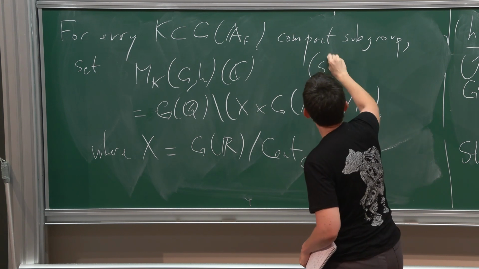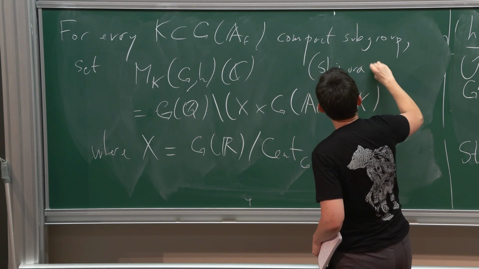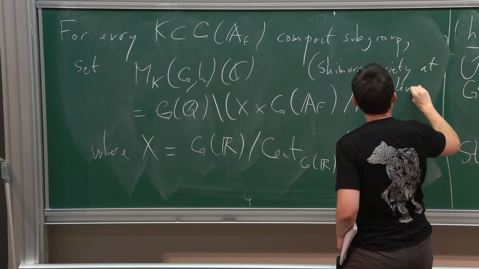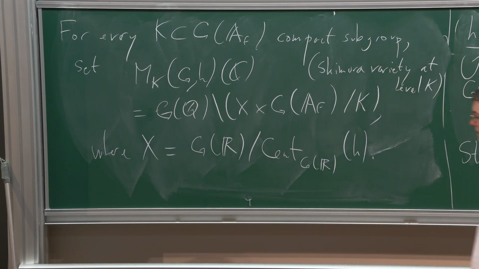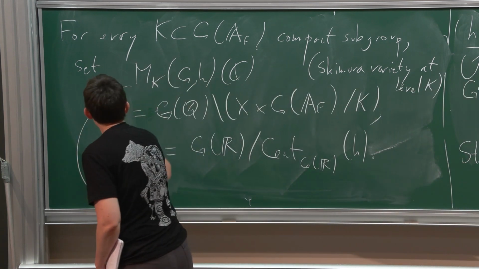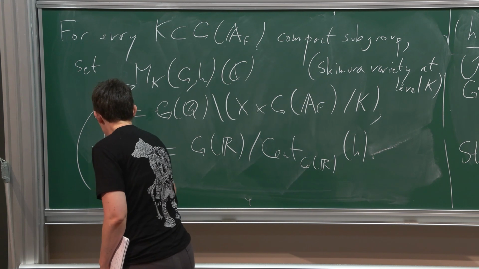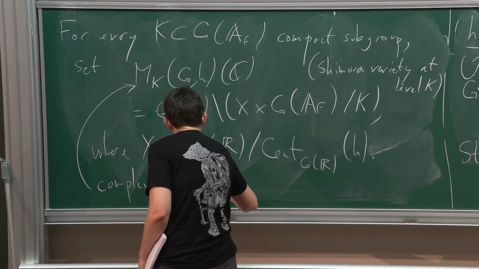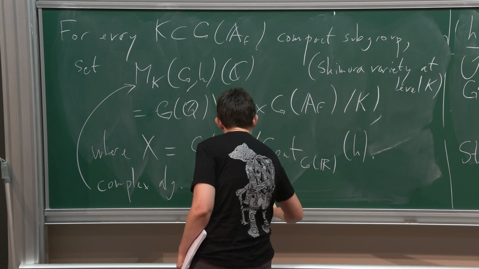So this is the Shimura variety at level K. X is also the G(R)-conjugacy class of H, of course. And this is a complex algebraic variety. It's quasi-projective.